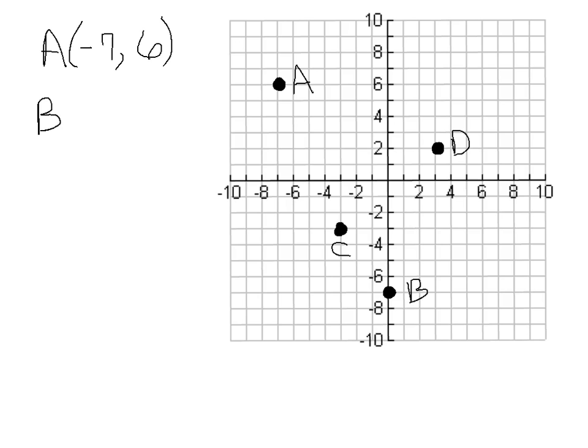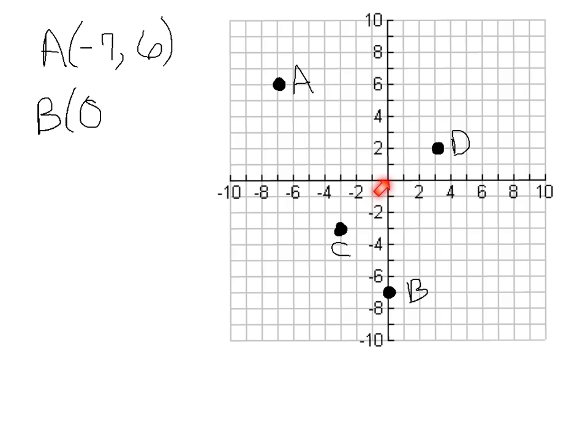Okay, let's try B. Again, remember we always start at the origin. Now on the origin, we are not moving either direction. Point B is straight down. So that means that I don't move anywhere on the x-axis, which means it's a 0.